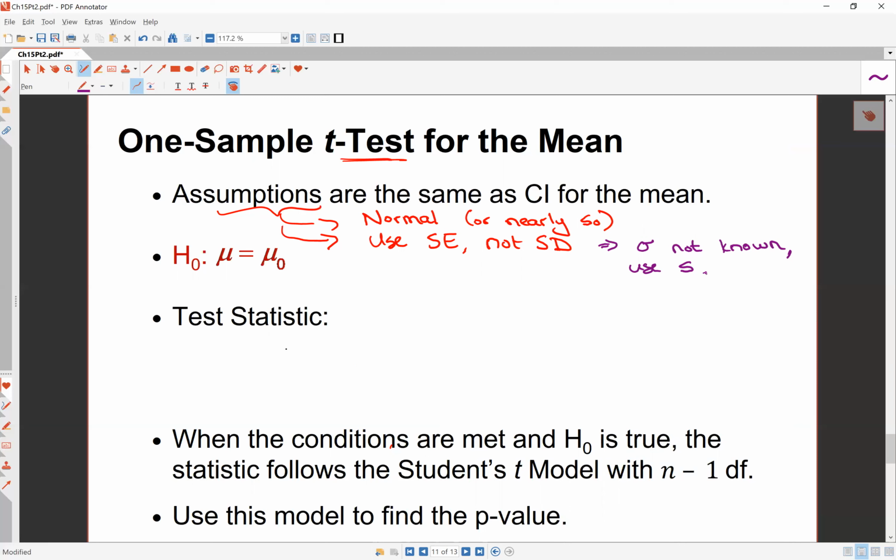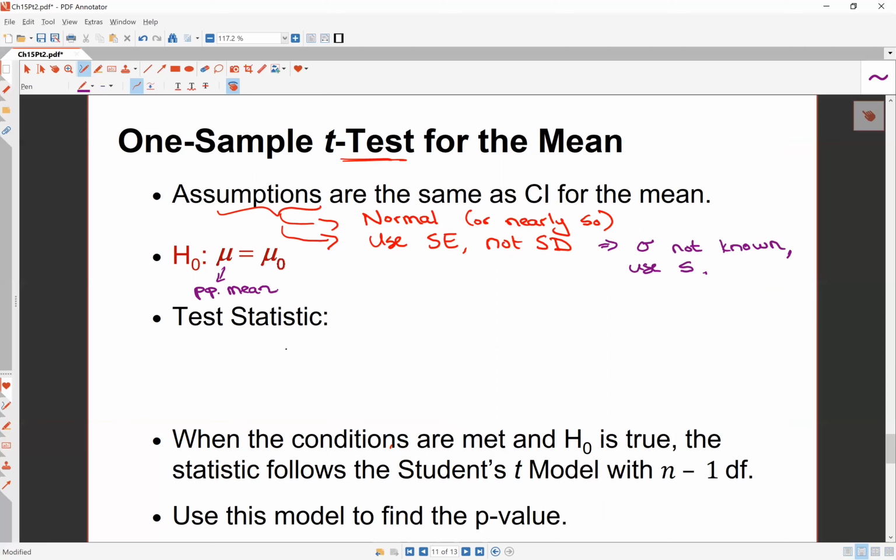So in this case, our null hypothesis will be that the population mean, mu, is equal to some hypothesized value. And the alternative can take the three forms we've discussed previously: not equal to, less than, greater than. You have to determine from the context which is appropriate to your setting.